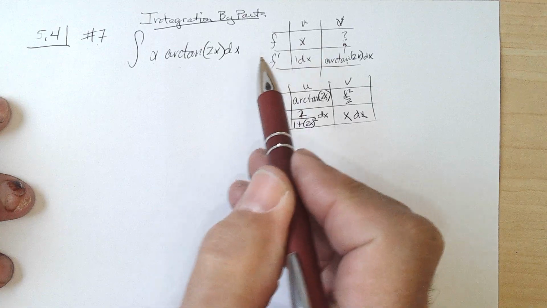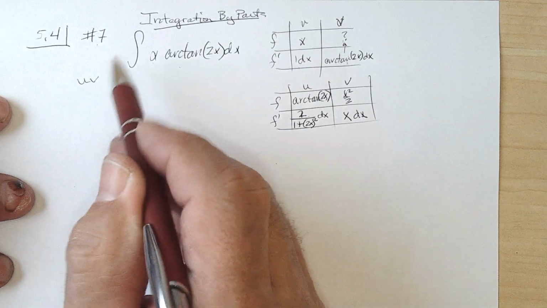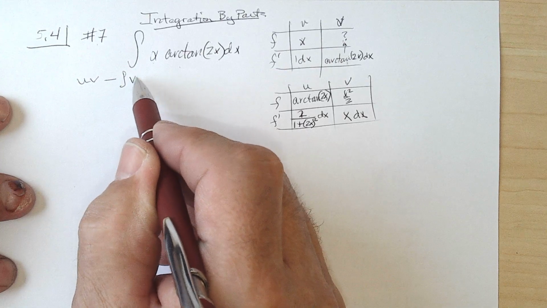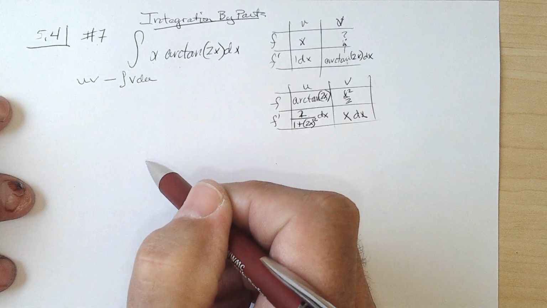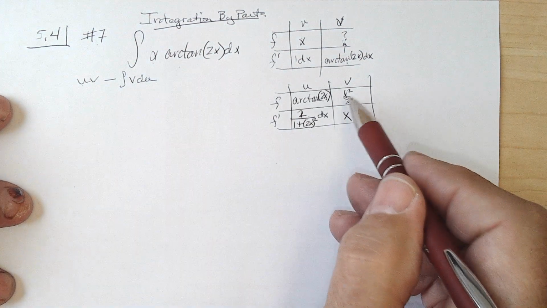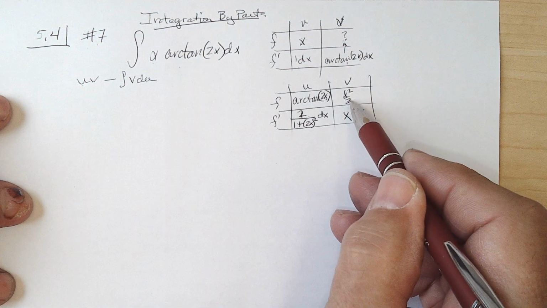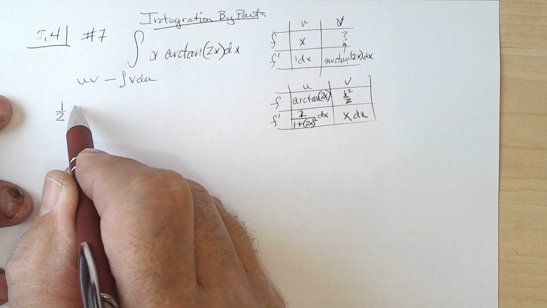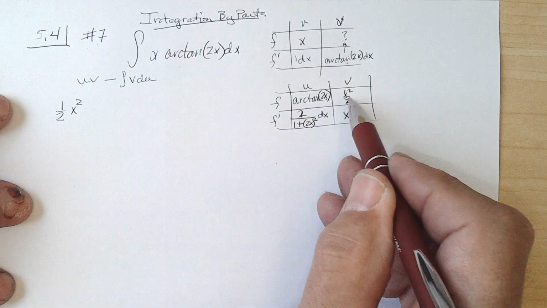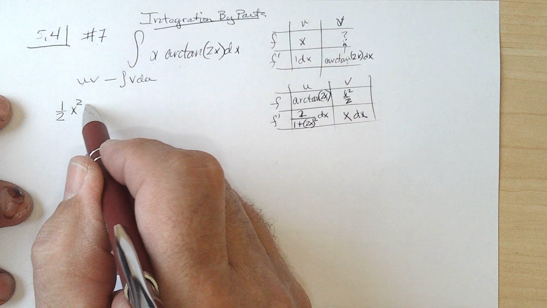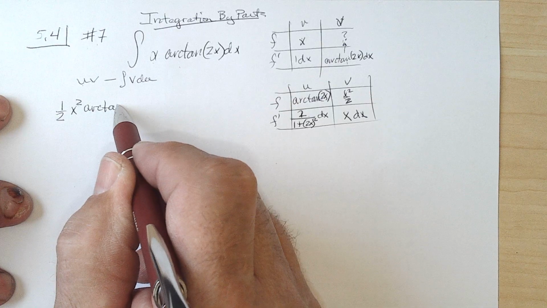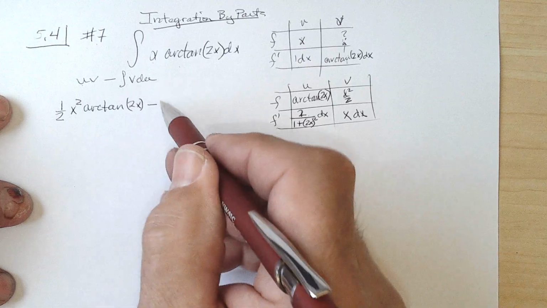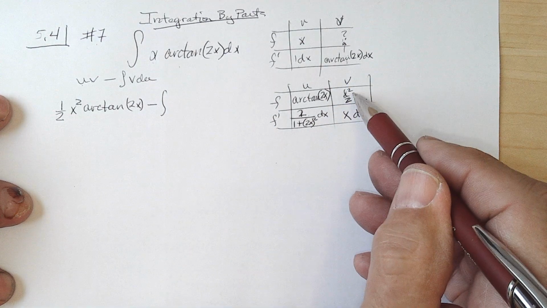So the integration by parts formula is uv minus the integral of v du. So uv would be x squared over 2, or 1 half x squared times arctangent 2x, minus the integral of these two.